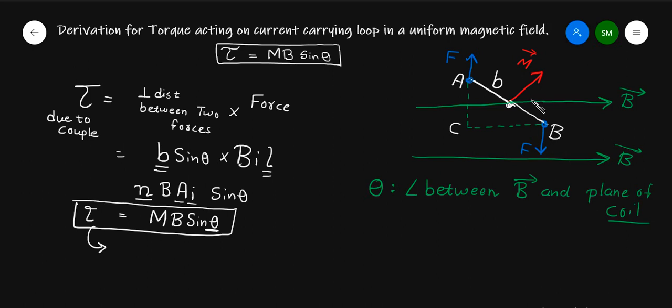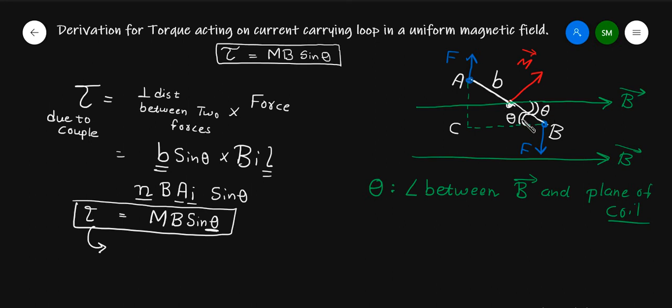In this diagram, this angle will be theta. Earlier I took theta as the angle between m and B, but now theta is the angle between the B vector and the plane of the coil. This is the B vector and the plane of the coil is AB. Now we can prove simply that the same theta will repeat here also.